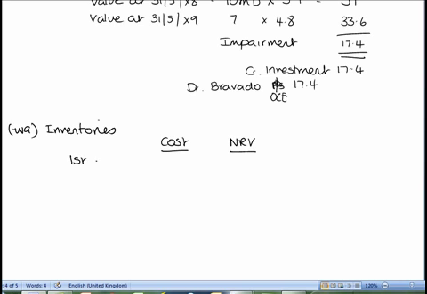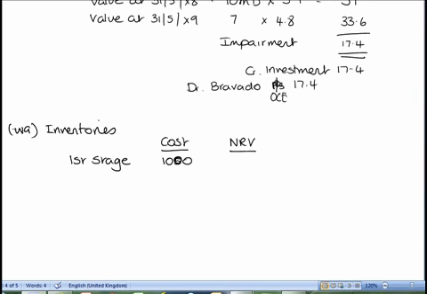So if we take a look at the first stage, we've got 10,000 units at the first stage of production. The cost is, sorry, we did have a cost of 1,000.